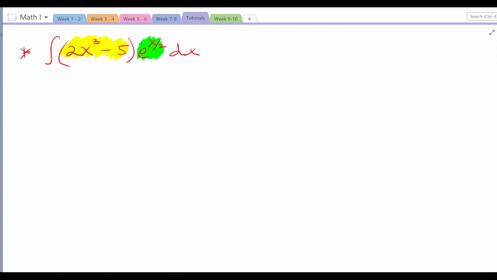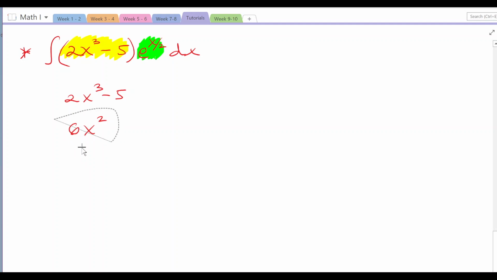Okay, let's try to do that. In the tabular method, we have 2x cubed minus 5. This will be differentiated, so the next term will become 6x squared. And then the next term is 12x. Let me just move this a little bit further.